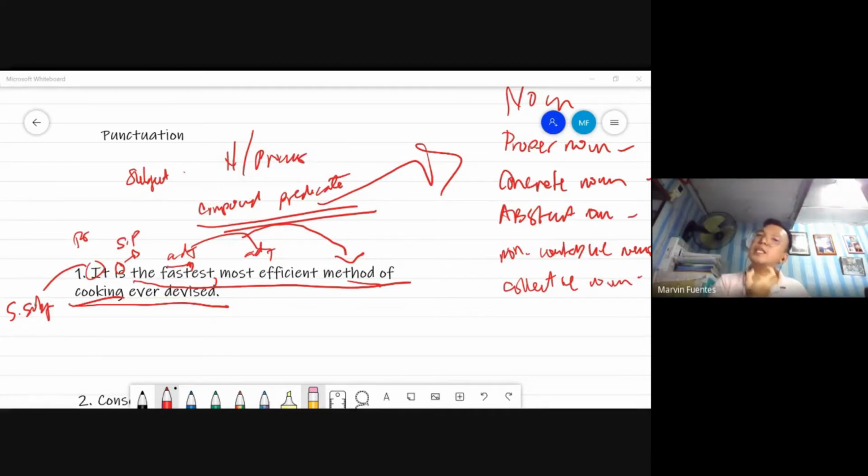If it is a subjective case, automatically you could look into that sa umpisa. Not unless it is the object of the preposition, or should I say, the subject can never be an object of the preposition. Ibig sabihin nasa loob yung mismong subject. That is wrong. So ibig sabihin, in this method, cooking device is the object of the preposition. Okay?